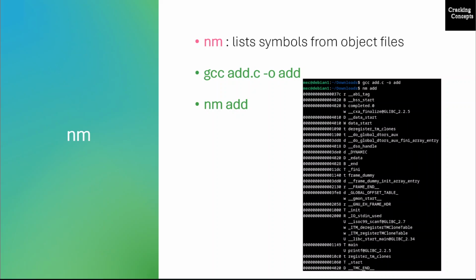So the lowercase being local and the uppercase being global. Some of the types are T for text code section, D for initialized data section, B for block starting symbol section, R for read-only data section, and U for undefined symbol. Finally, W for a weak symbol. Then there is the symbol name.